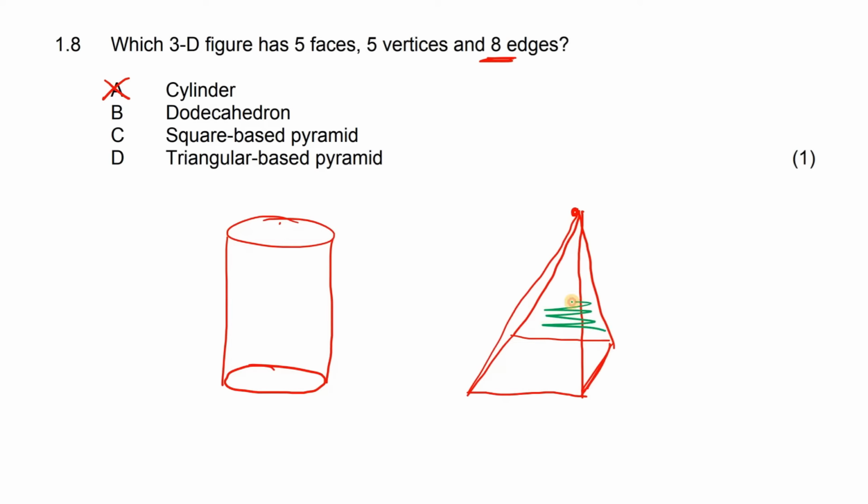You've got this one at the back, and you've got this pyramid face on the side, so that's 4. And then if you had to pick the pyramid up, you also have the square at the bottom. So that's got 5 faces, so this one's looking quite good. And then a vertex is like a corner, okay? So it's got 1, 2, 3, 4, 5. So it's definitely going to be C.